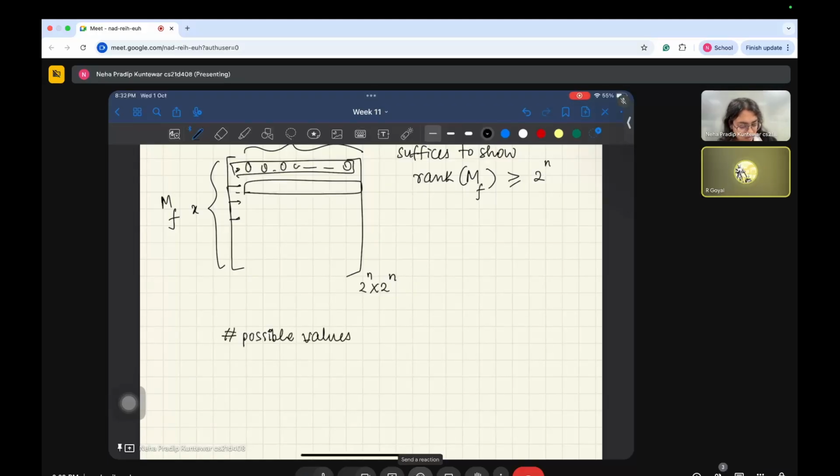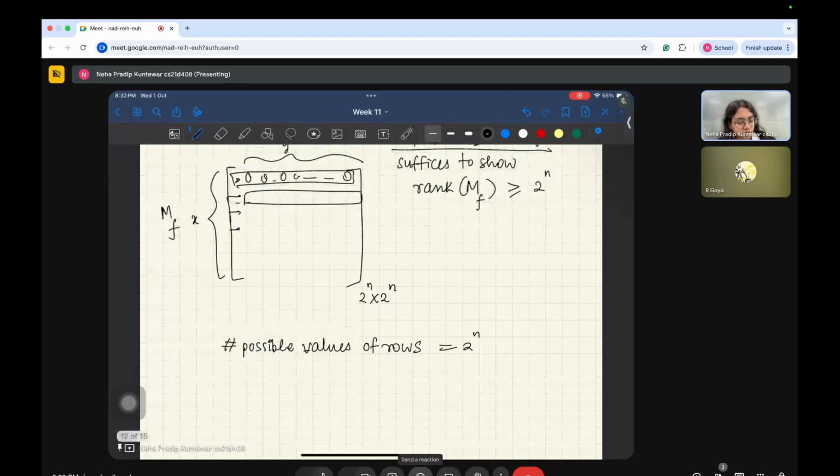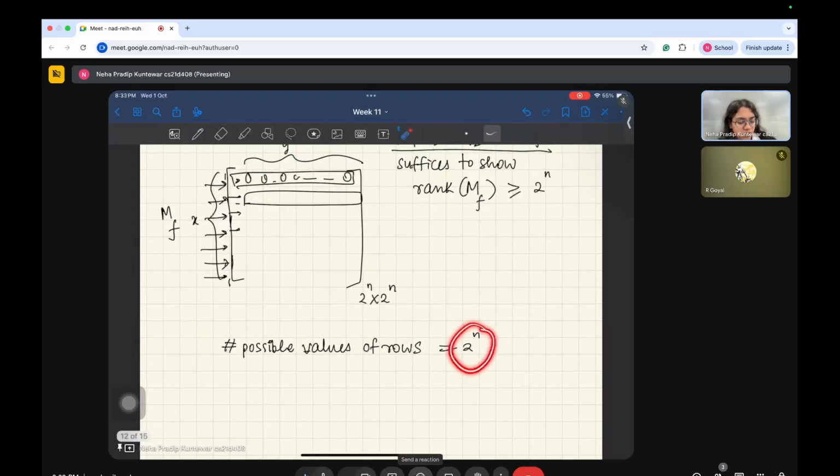Therefore we have 2 raised to the power n number of strings possible, which is equal to 2 to the n. And you have to fill all of them. There are 2 to the n spaces that you have to fill, so each of them is going to take one value from this set that you have.